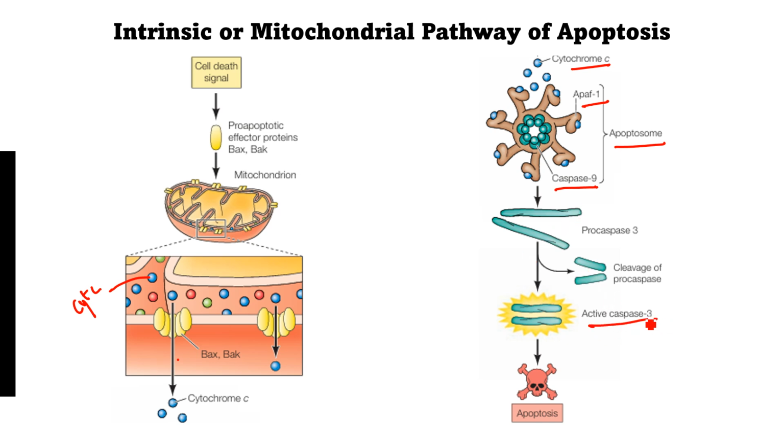Now this caspase 3 is active, and it will ultimately cause apoptosis or cell death. Once caspase 3 is activated, the nuclear lamina will get degraded. The proteins involved in chromatin condensation will get activated. So the chromatin will start condensing, and ultimately it will lead to the death of the cell.